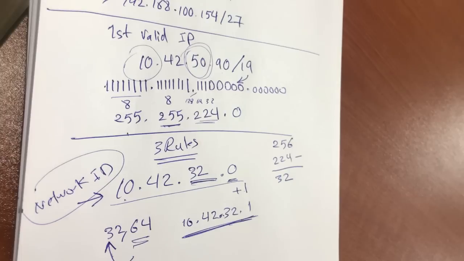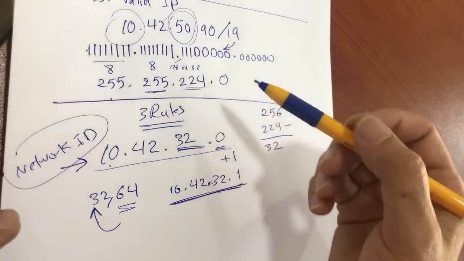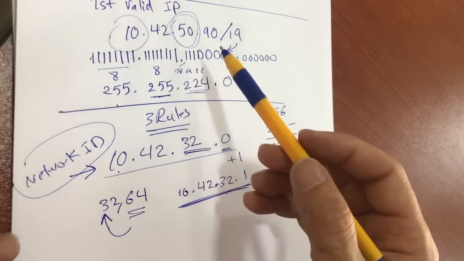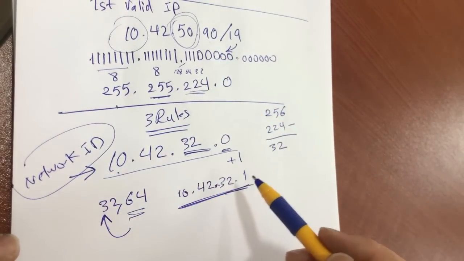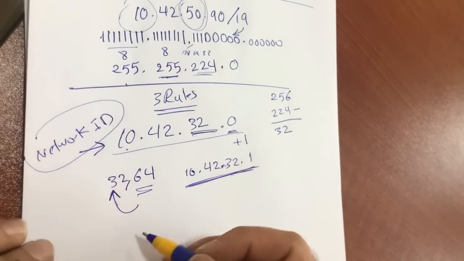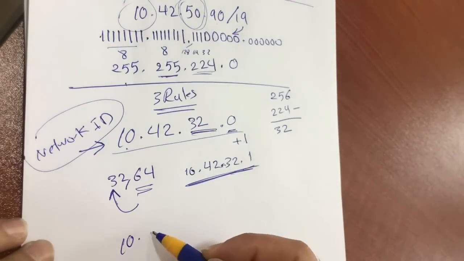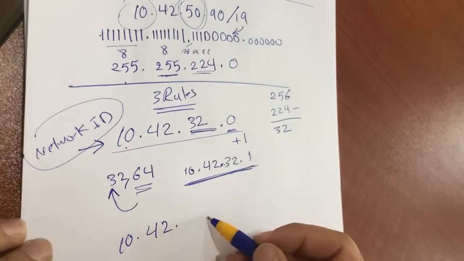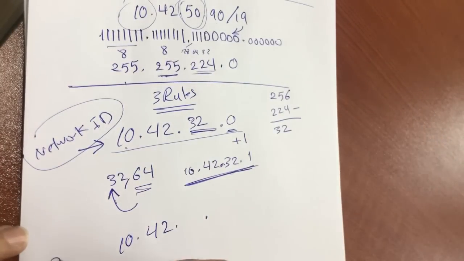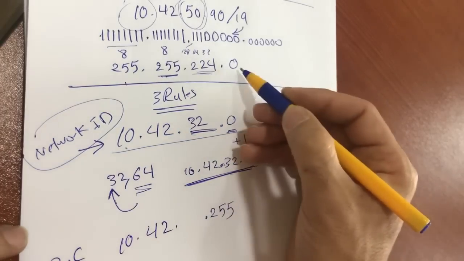So let's explain it in one example. If I want to find the last valid IP for the same IP address, we use the same rules, but this time, because we have 255, we just put the IP 42, and as I said before, the broadcast IP will be 255 if we have 0.